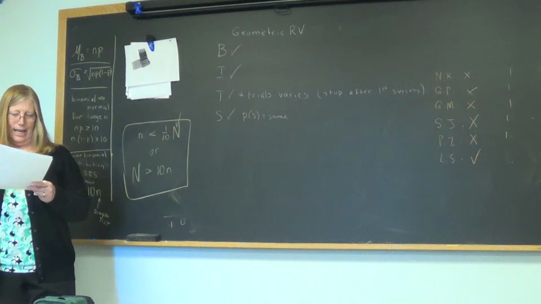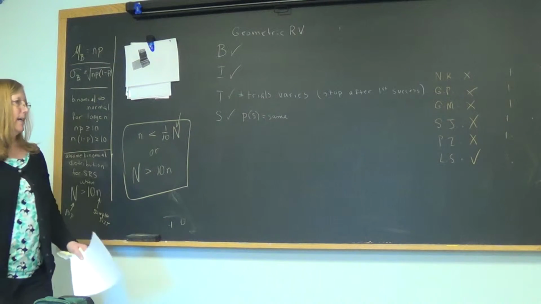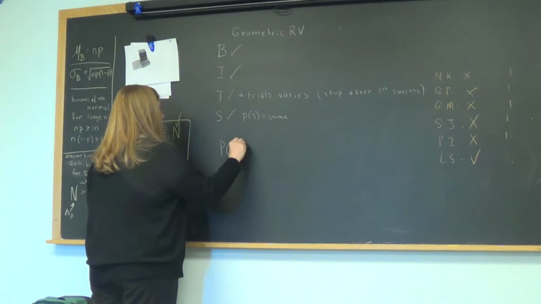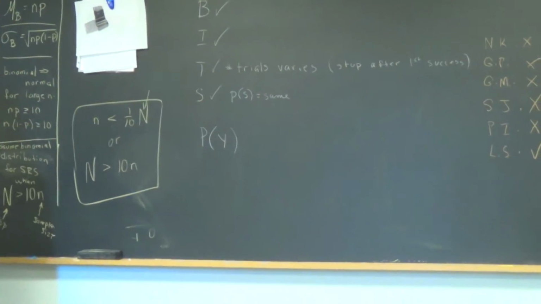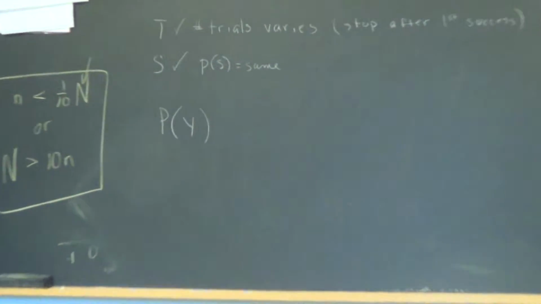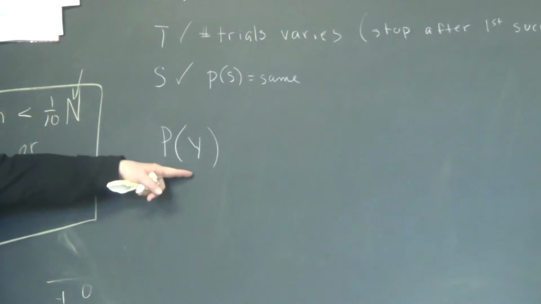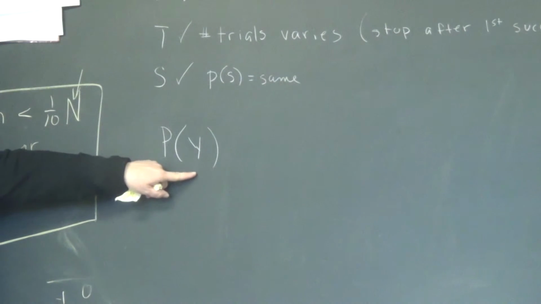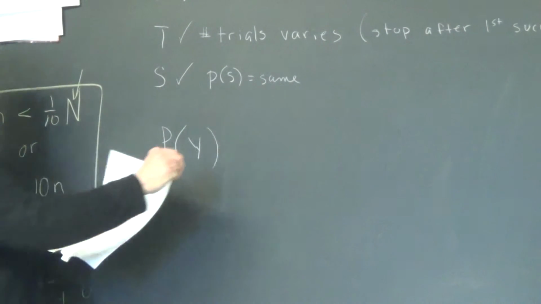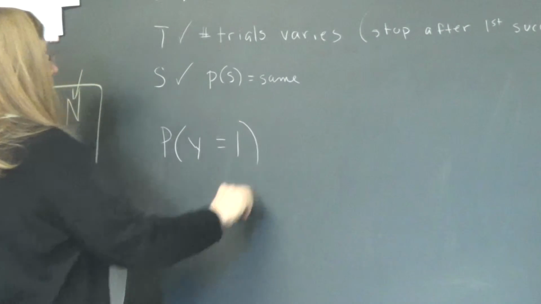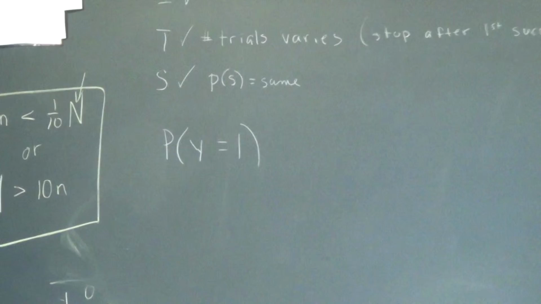All right, let's look at the probability of playing the birthday game. When it's a geometric probability, a lot of times they use Y. It doesn't have to be, but I will go with the convention. The probability of this geometric variable equaling 1: what was the probability of getting only one homework problem?